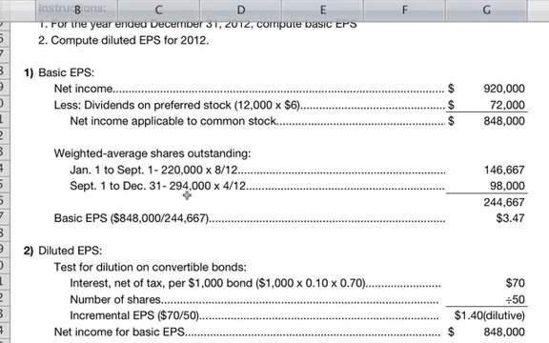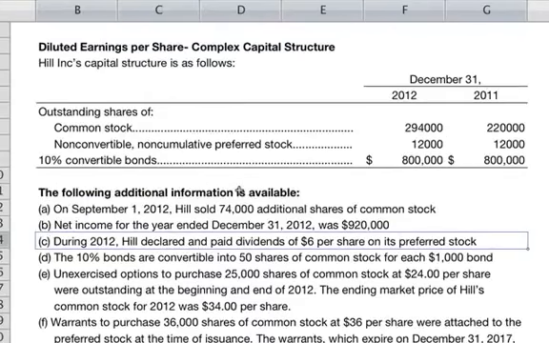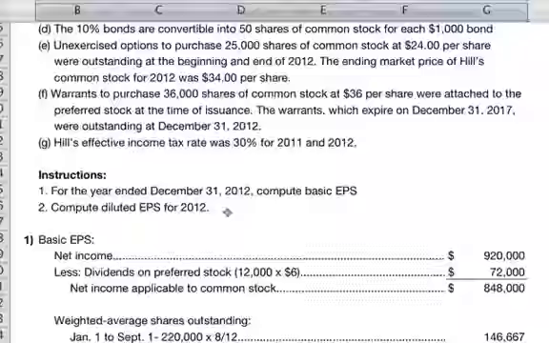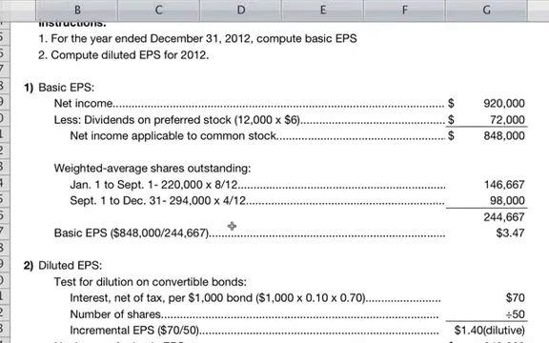Then we need to find weighted average shares. From January 1st to September 1st, we had 220,000 shares. It's right here, 220,000. And then we sold 74,000 additional shares of common stock. That raised that to 294,000. So for 8 months out of the year in 2012, we had the 220,000. You times those, that's 146,667.